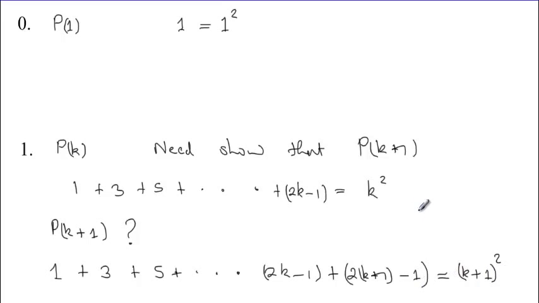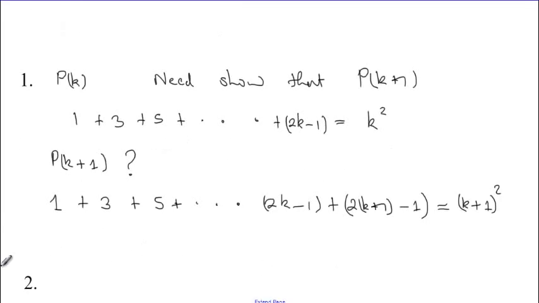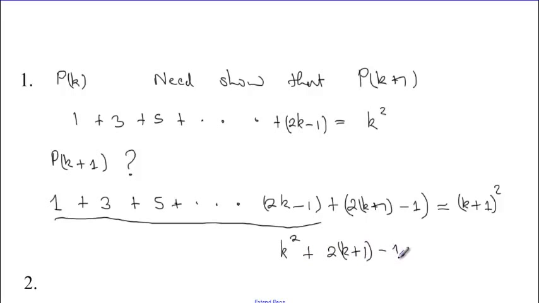So now we'll actually use this hypothesis to show that this is true. So now proceeding, what would happen here? What we have up to this point is what we assumed, that this is k squared. So applying that, you can say this is k squared plus 2k plus 1 minus 1. We need to work with this left hand side to deduce that this is equal to k plus 1 squared.